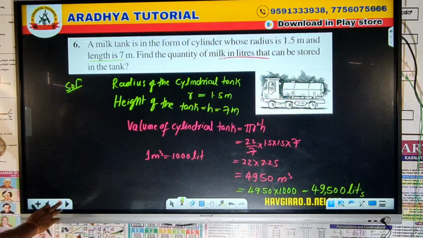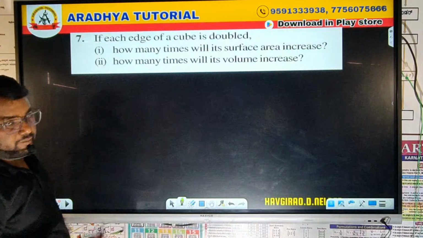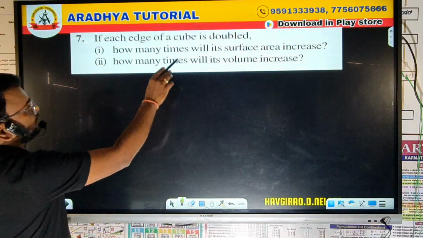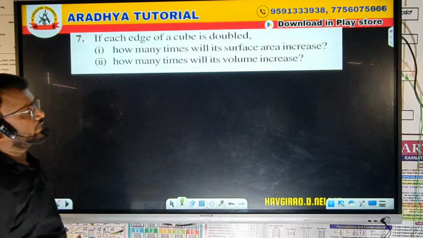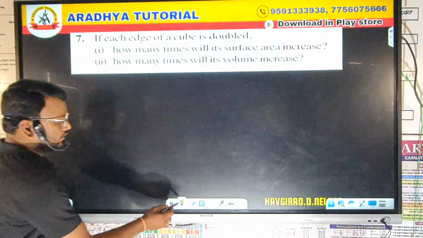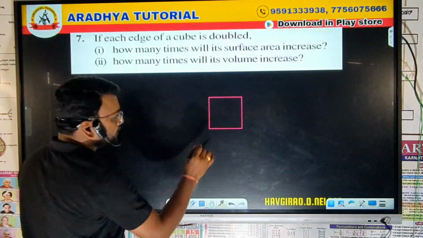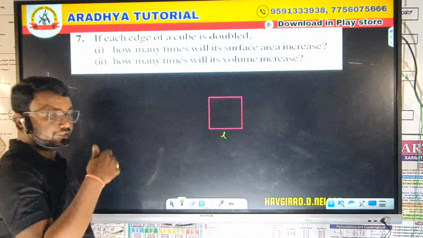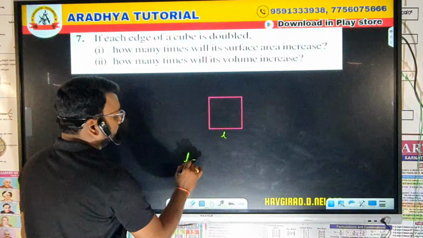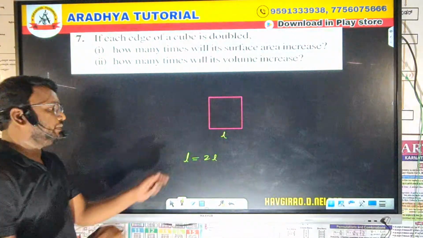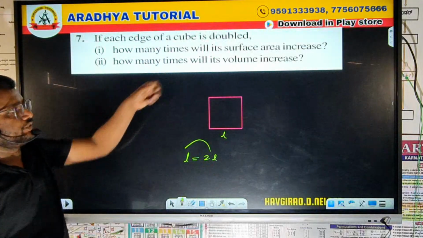Next question. Till now 2 questions are there. If each edge of the cube is doubled, how many times will its surface area increase? Second one, how many times will its volume increase? What is given here? If we take one cube here, suppose this side is L. If we double it, L becomes 2L. Then what happens to the volume and surface area?